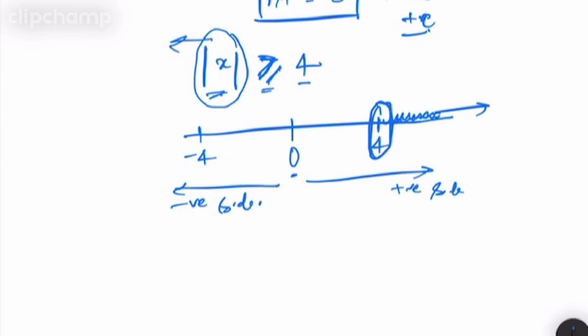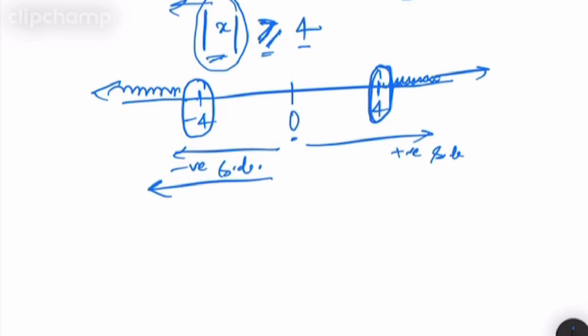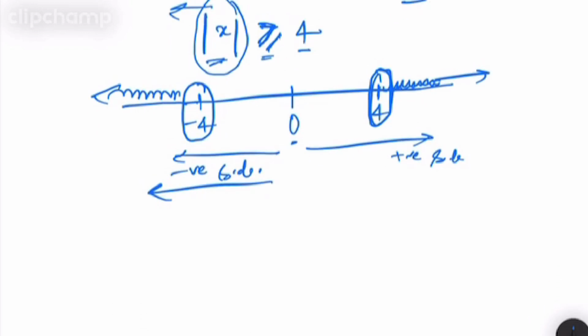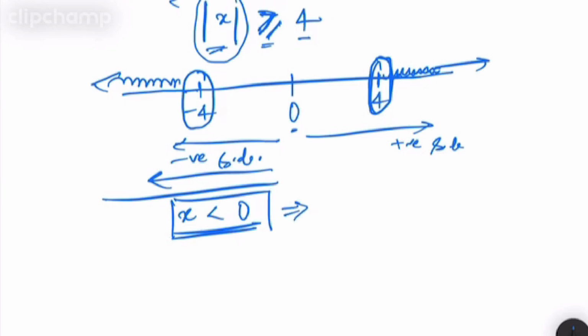Or if the variable x is on the negative side, the value of x will be either on number minus 4 or towards the left side of number minus 4. So what are the possible values in this case? When we consider only negative values, that is if we say x is negative, that means x is a negative value.